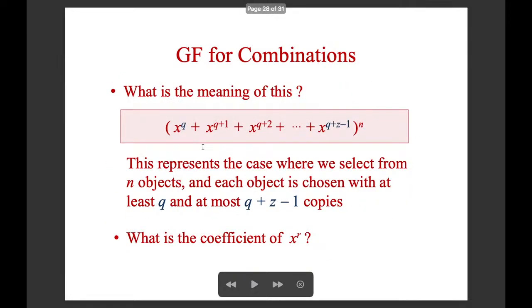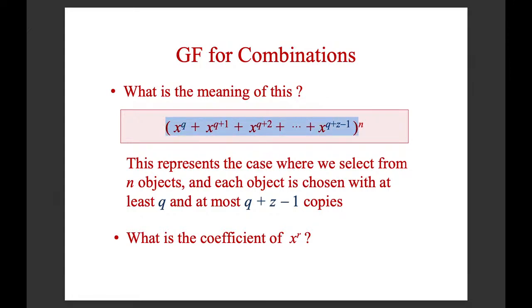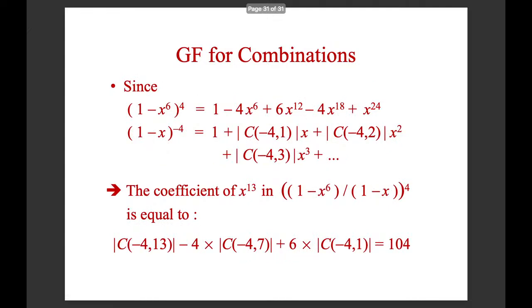In that case, the generating function that we are looking at will be x plus x squared plus x cubed up to x to the power 6, this term to the power 4, because there are 4 people. And after simplification, this will become the same as this one: 1 minus x to the power 6 divided by 1 minus x, all to the power 4. This is a term related to what we were talking about.